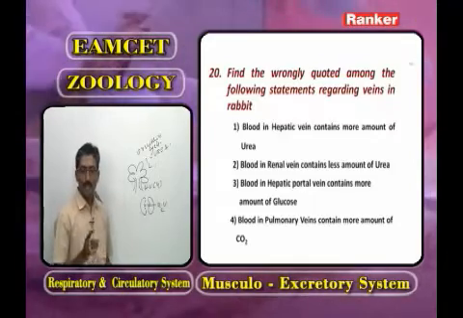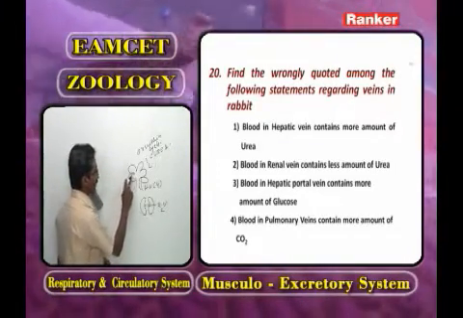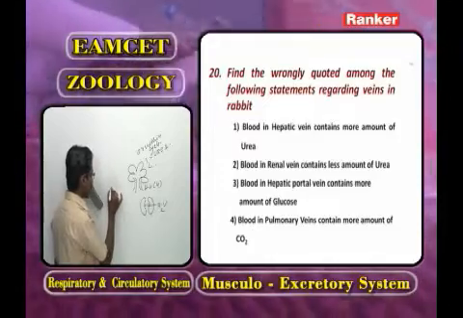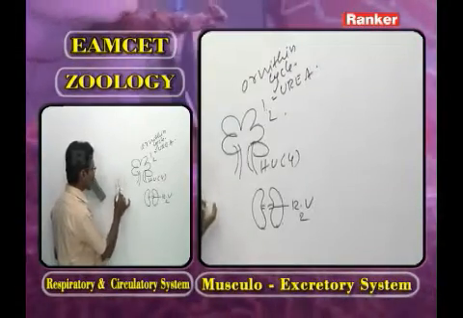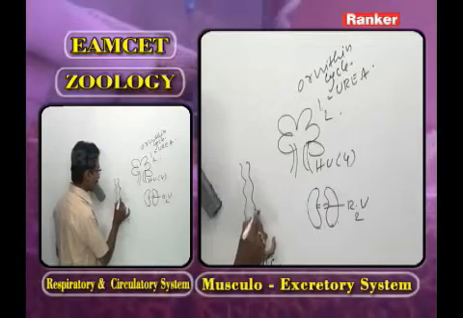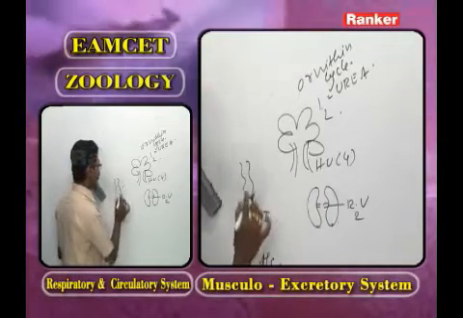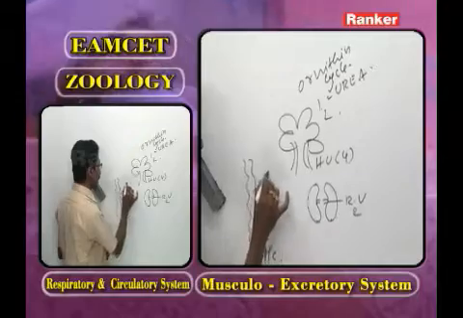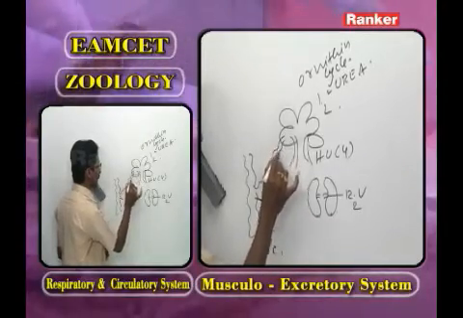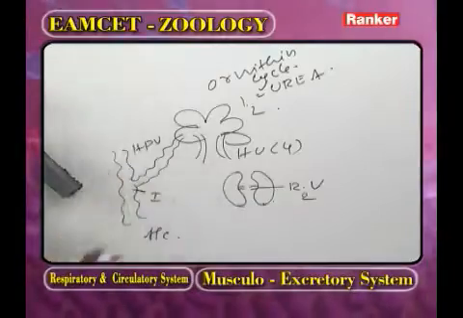Third, blood in hepatic portal vein. As we observe, this is the liver and this one we call the alimentary canal. In the alimentary canal, one part is the intestine. What is the connecting link between intestine and the liver? That we call the hepatic portal vein.